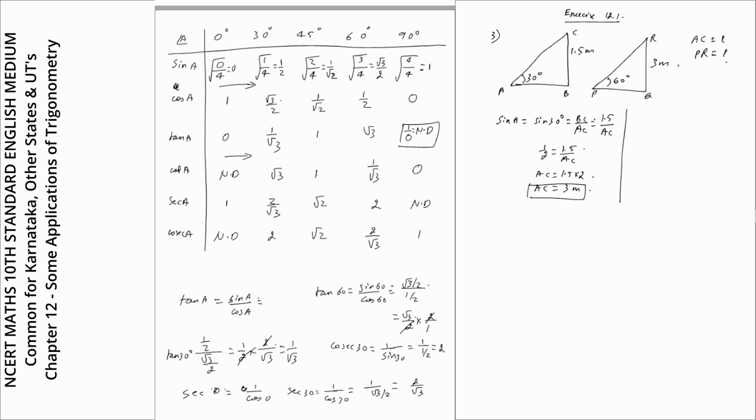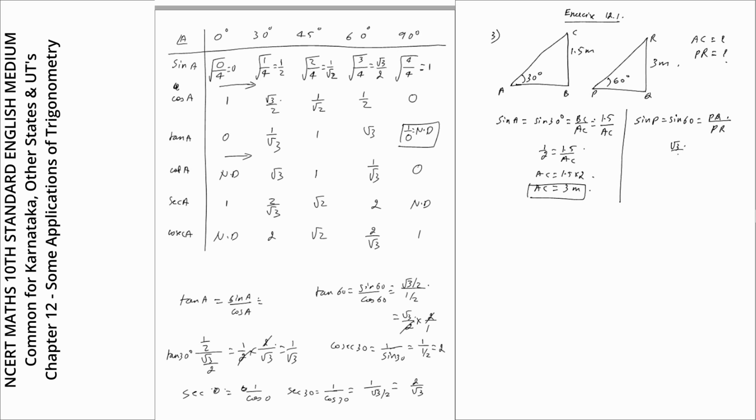And similarly here, with respect to angle P, sine of P is equal to sine of 60 degree. So sine is opposite by hypotenuse, that is PQ by PR. So what is the value of sine 60 degree? You can see in the chart sine 60 degree is root 3 by 2.